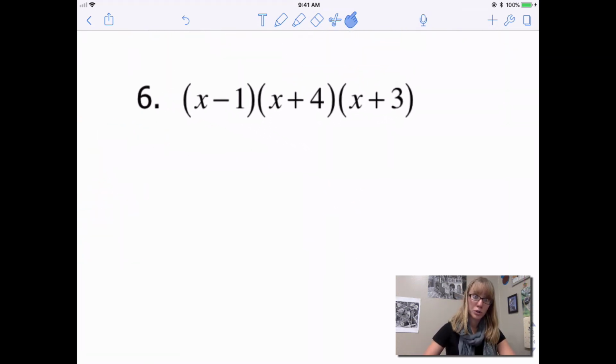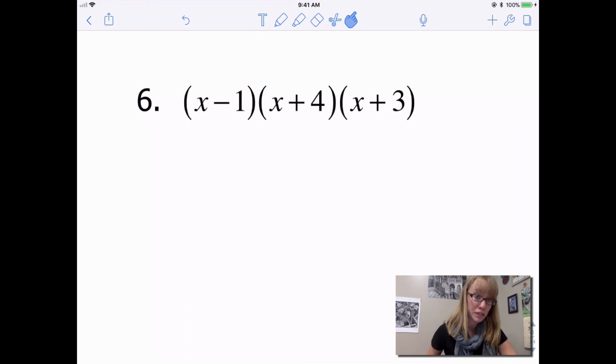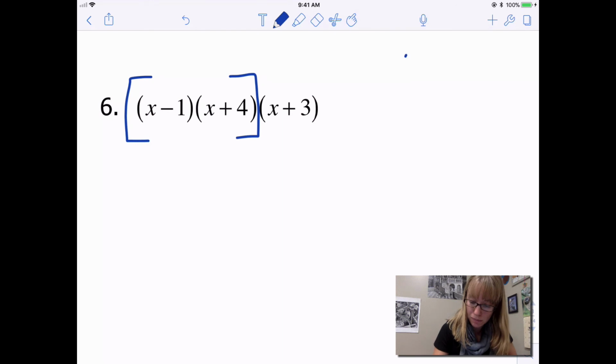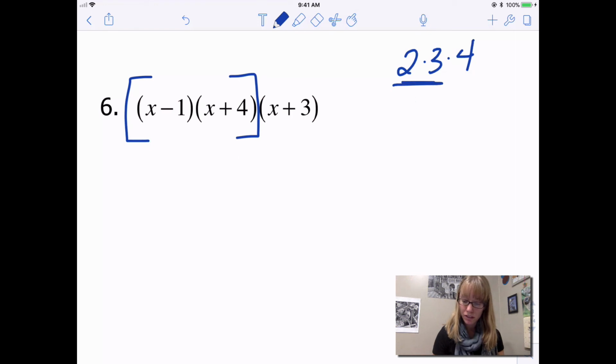And number 6 looks super complicated, so let's make it a little more simple. If I have x minus 1 times x plus 4 times x plus 3, that could get complicated quickly, but I do already know how to multiply these two together. Because let's think about it. If I multiply 2 times 3 times 4, how I multiply that together is I say, well, 2 times 3 is 6, and then times 4 is 24.